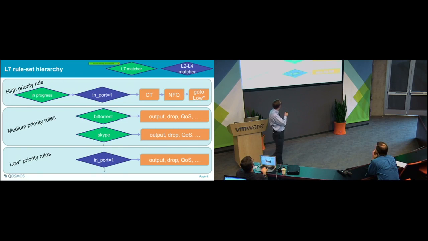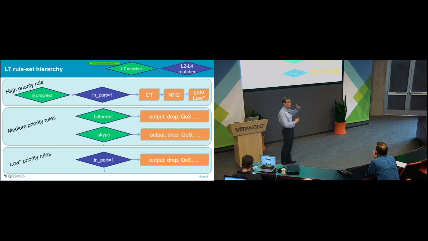And you can go to the low priority rules, and the low priority rules are based on L2, L4 matching, which are the default rules. So keep in mind that layer 7 classification happens after the TCP handshake. So you feed your layer 7 engine, and for some time, let's say 3 packets in each direction, you won't have any verdict. So you need to have some kind of rules, which are regular rules like today.